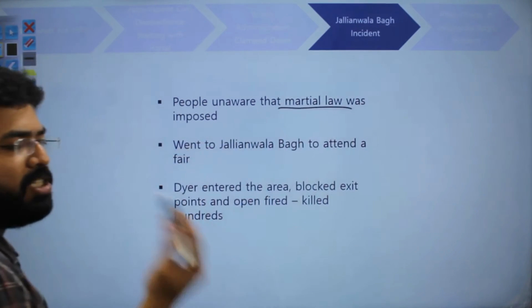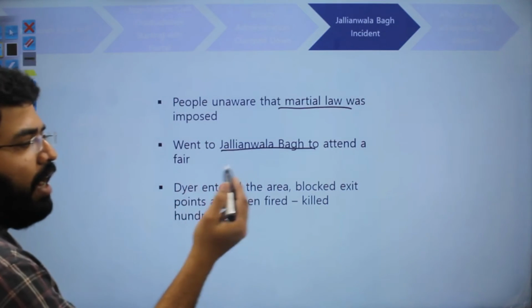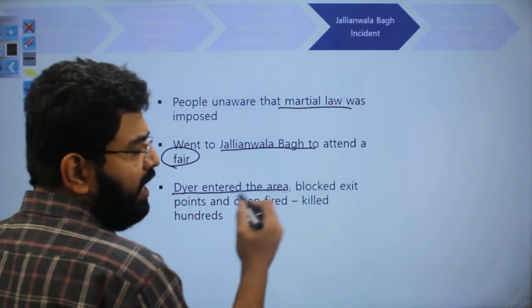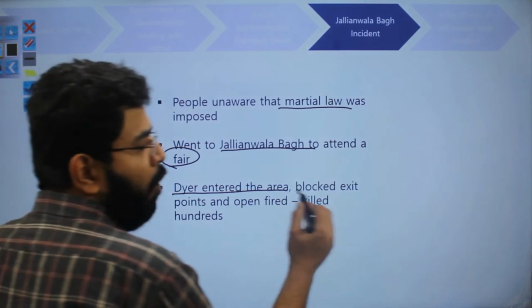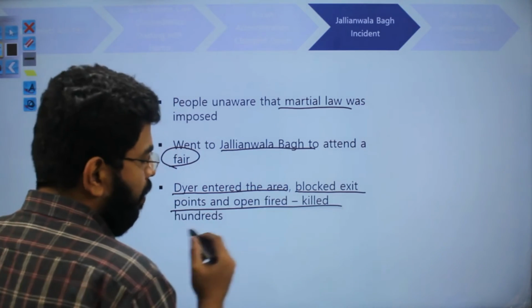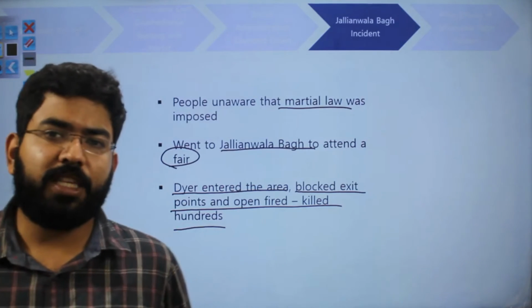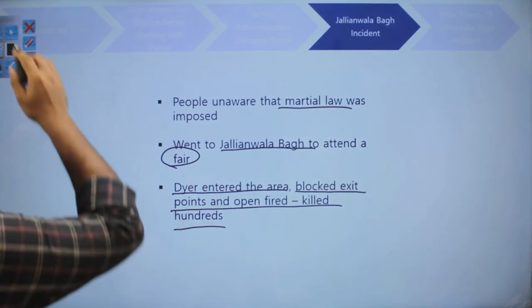Unaware of it, they gathered in Jallianwala Bagh, a garden, to attend a fair. General Dyer, the British military general, blocked the exit and fired upon hundreds of unarmed villagers. This was a very dark moment in the history of the country.